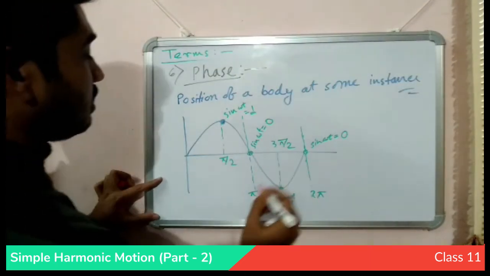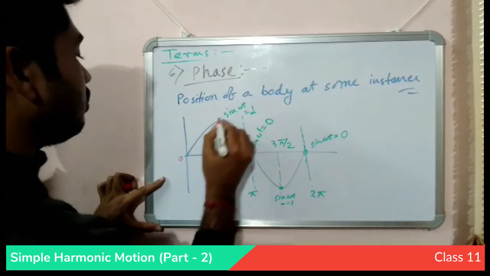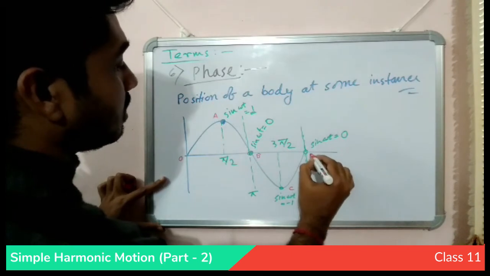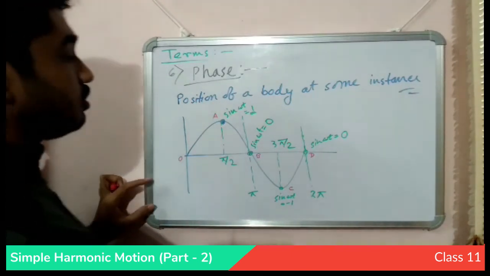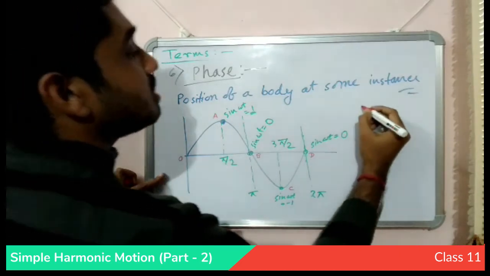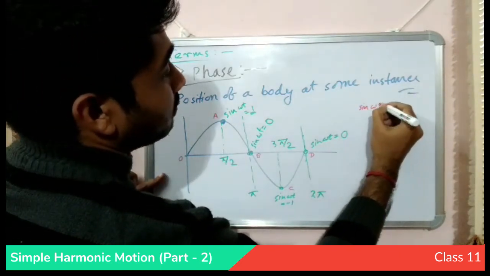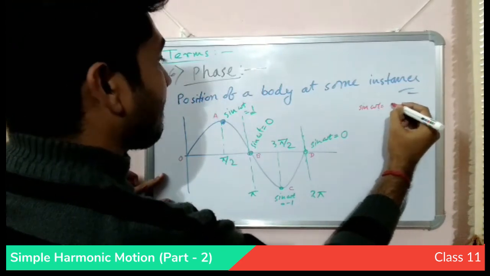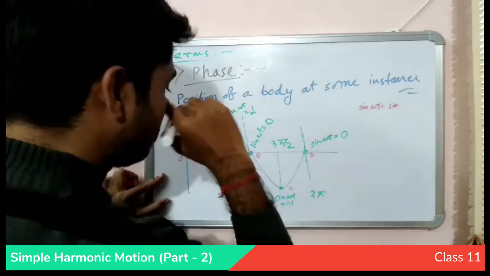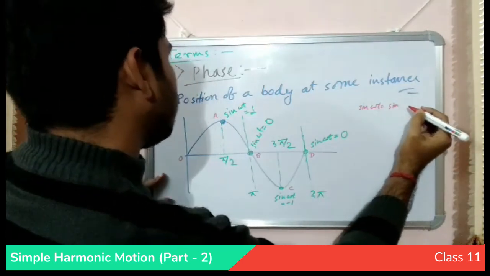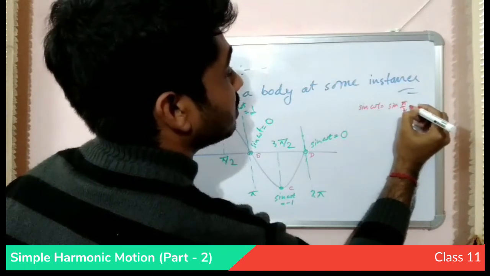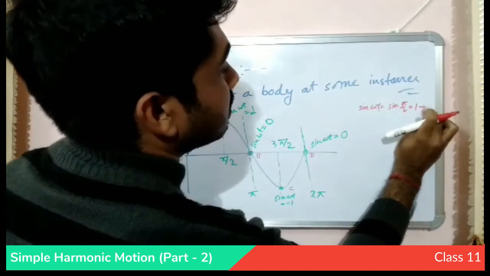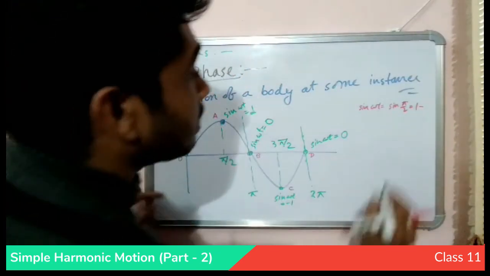So if we start naming these phases, this is O, A, B, C, D. At omega t equal to pi by 2, sin omega t is sin pi by 2, which is 1. So this is the A phase. I am writing in a different color.